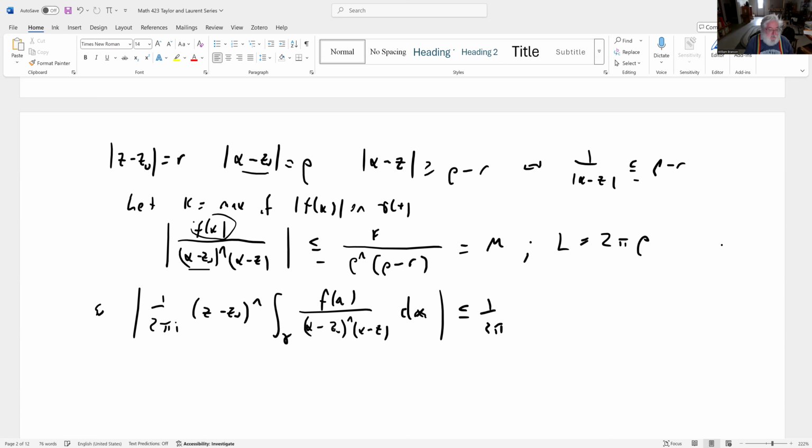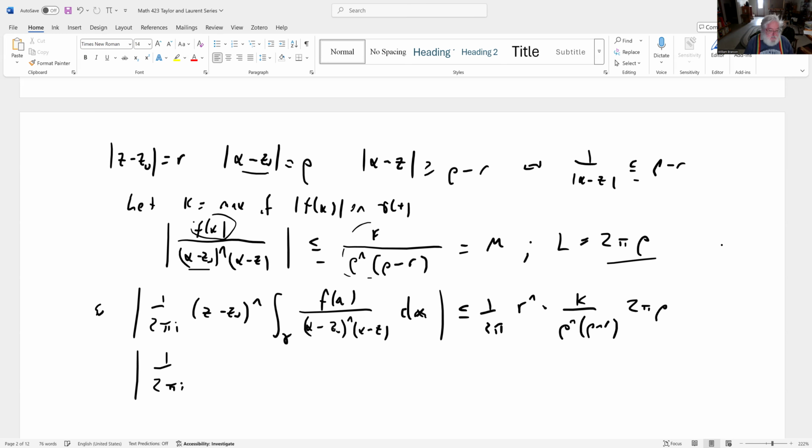Z minus z naught we know is r, so that's an r to the n. And then this whole thing in here is this thing. That's the maximum of the modulus of the integrand. And then a 2 pi rho out front, because that's the length.